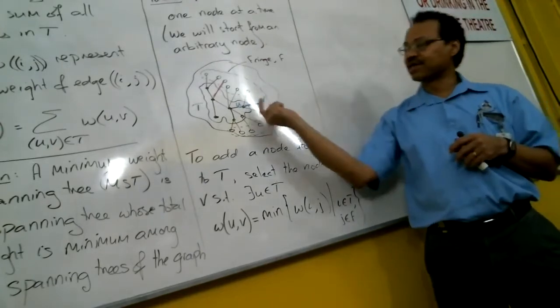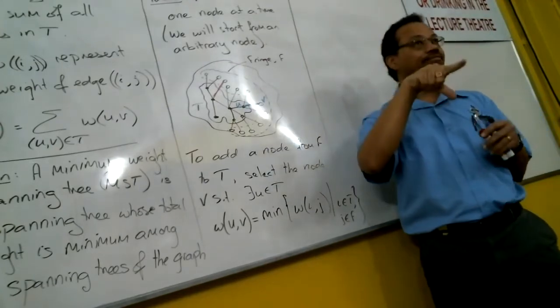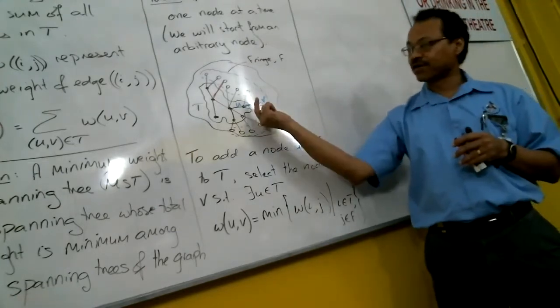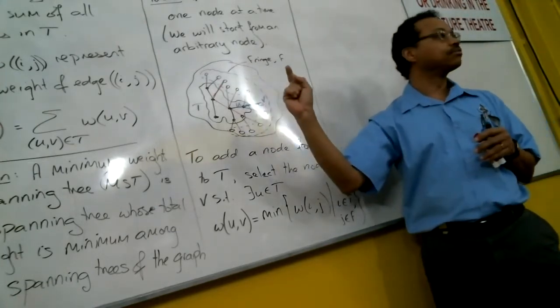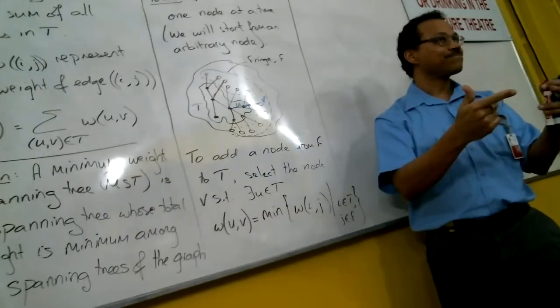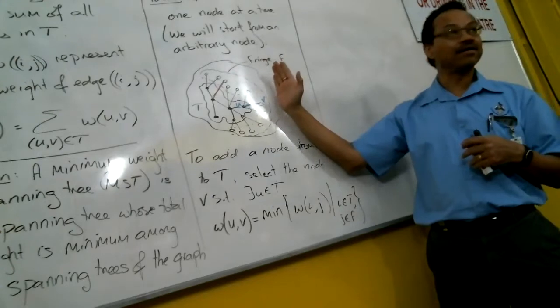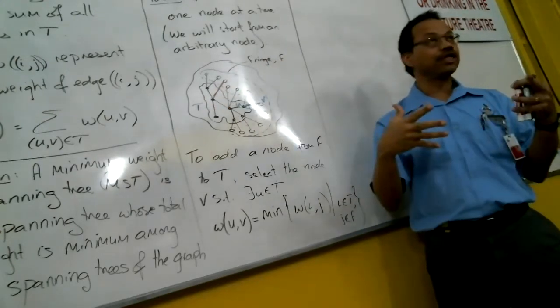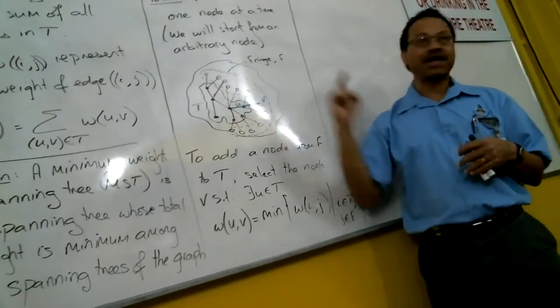That means that if I were to now add UV, I've created a cycle. But I can restore my tree by swapping. So I could put in the UV and take that edge out. And I would get back a spanning tree. Because the thing on this side must have been spanning, and this side was obviously spanning. So this was the only link between those two trees. I just swapped a heavier edge for a lighter edge.